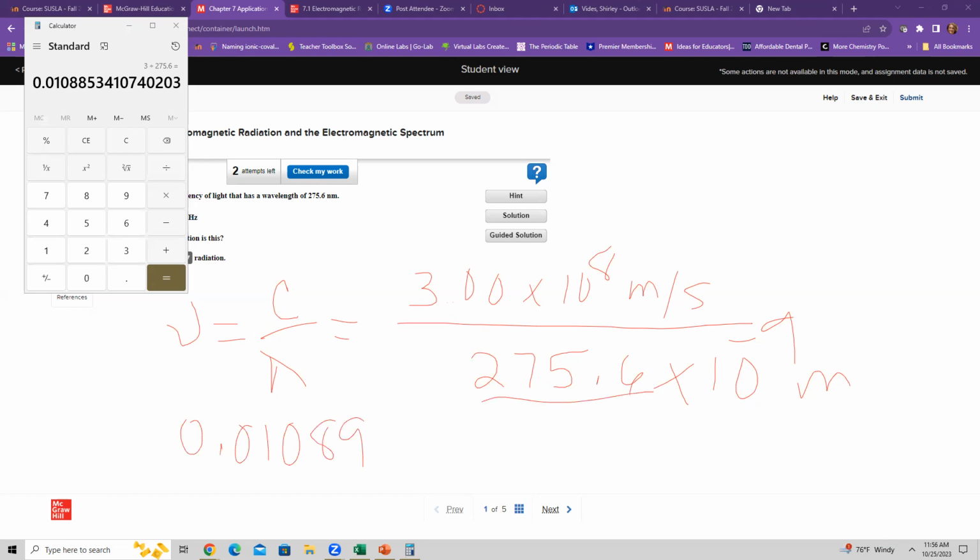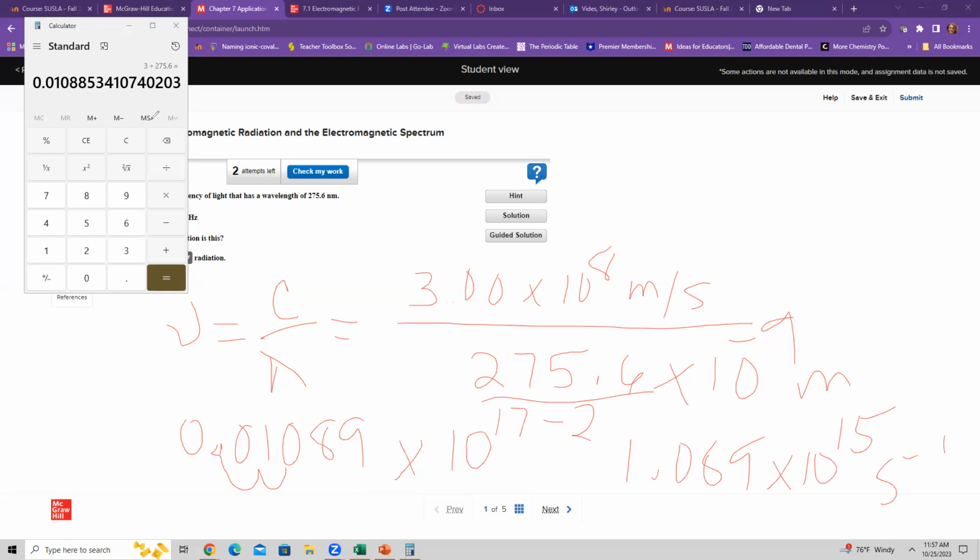Now times 10 to the what? 10 to the 8th, 8 plus 9 is 17, right? And then we need to increase 1, decrease 2. So it's going to be 1.089 times 10 to the 15th. And that should be correct. Hertz, so second to the minus 1.